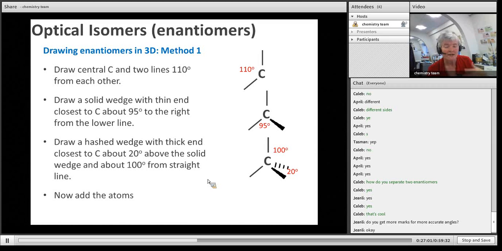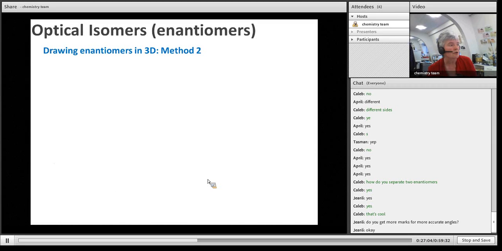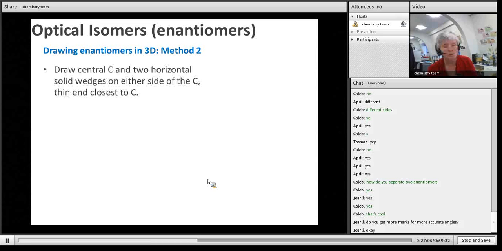Okay, now this is the other method. Instead of having 2 bonds in the plane of the paper, if you've got 4 pens handy, you can do this yourself. We're now looking at 2 pens coming out towards you and 2 pens going away from you.